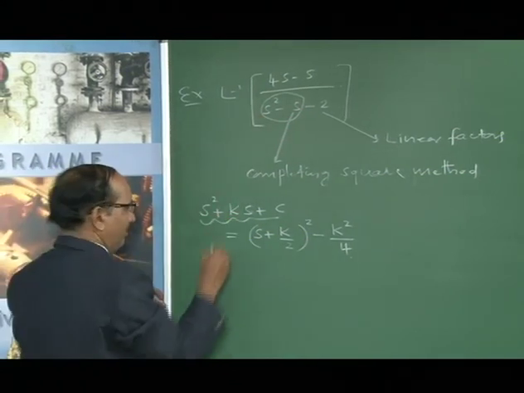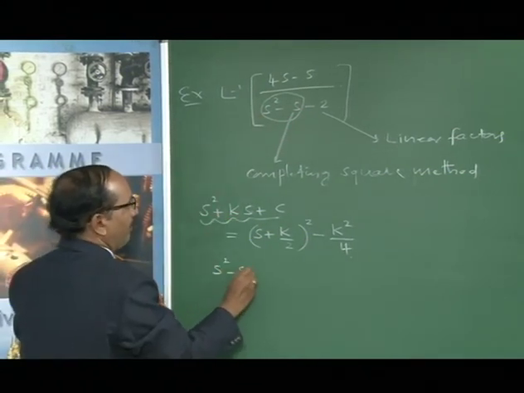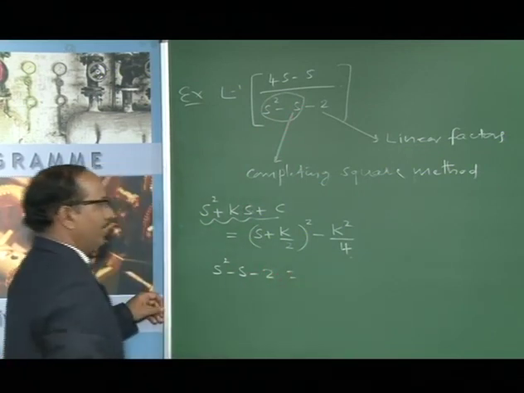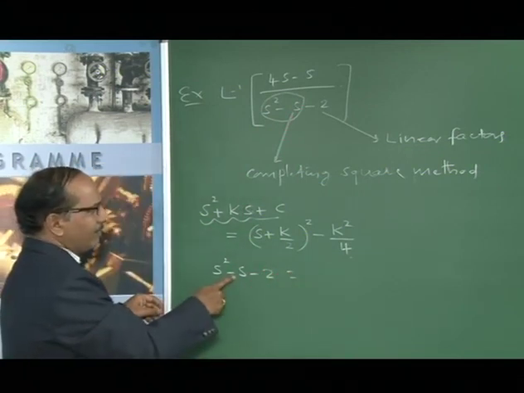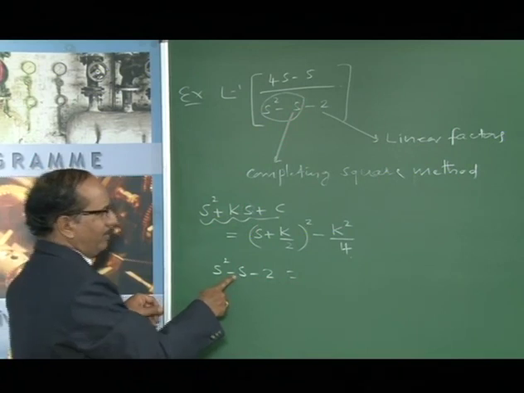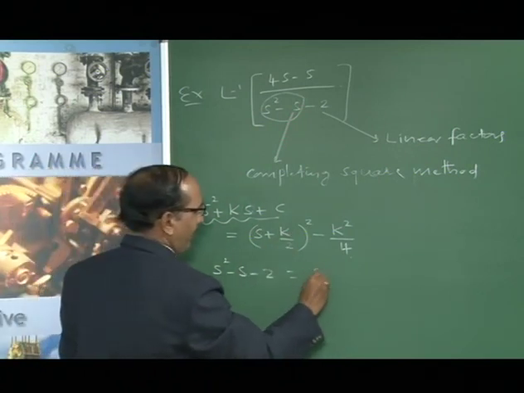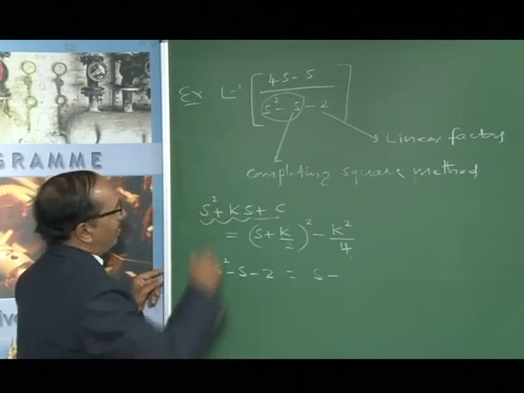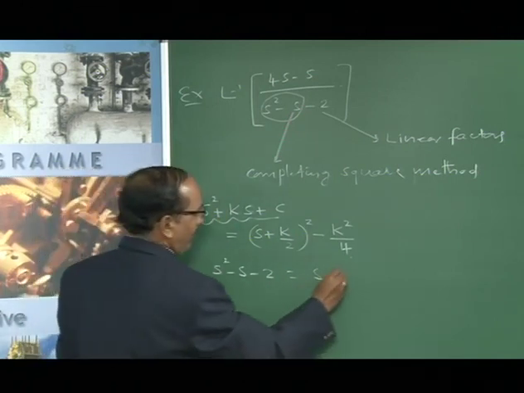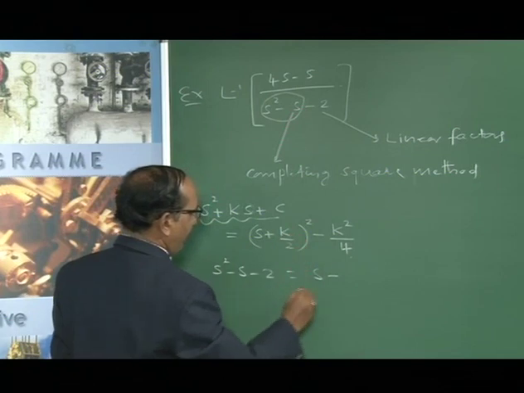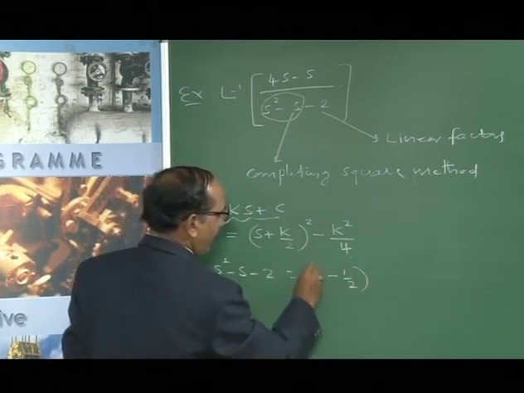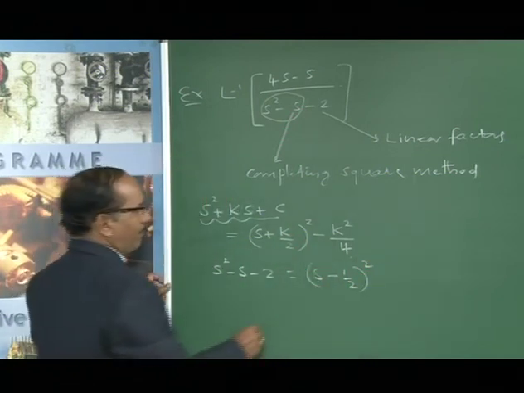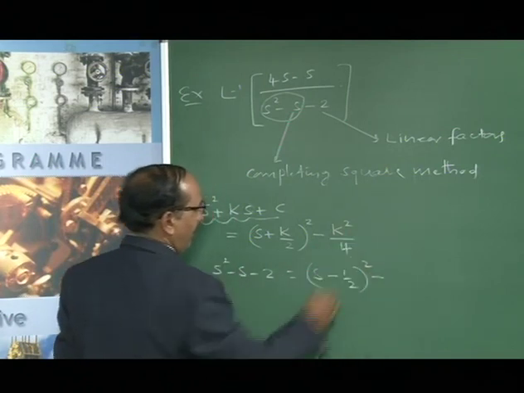Using this for the problem, s square minus s minus 2, here the k value is minus 1. So we can write s minus half whole square, minus k square by 4.